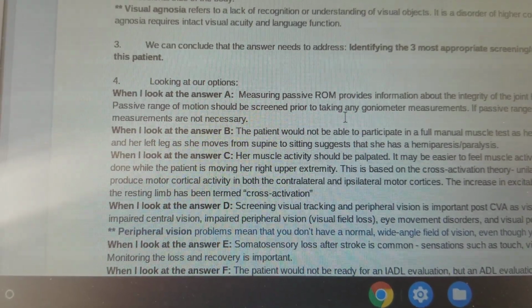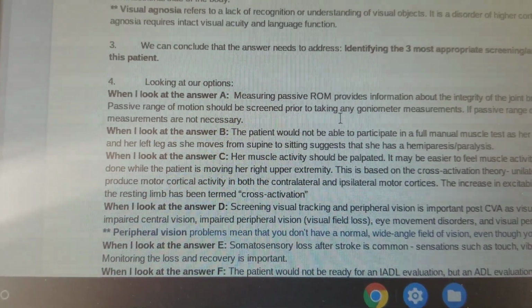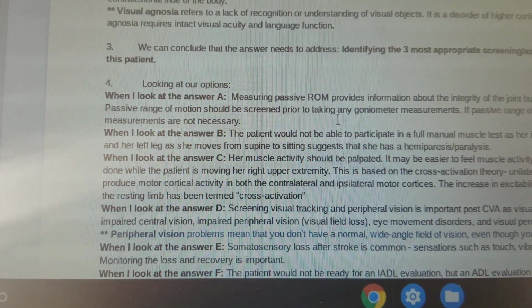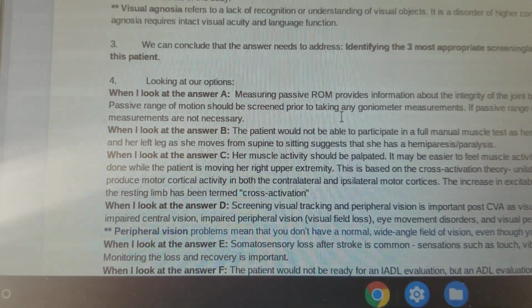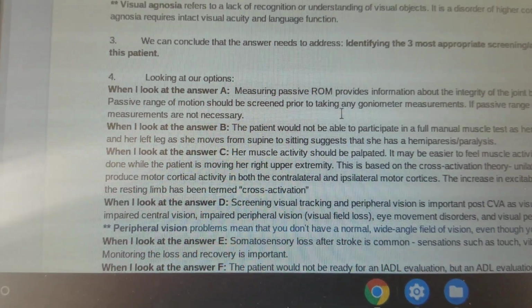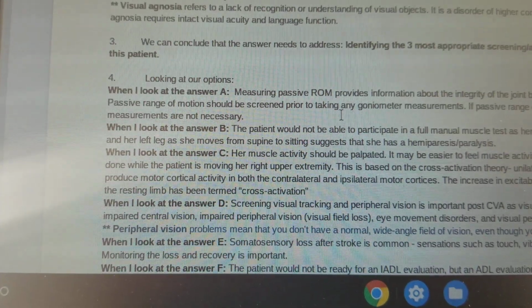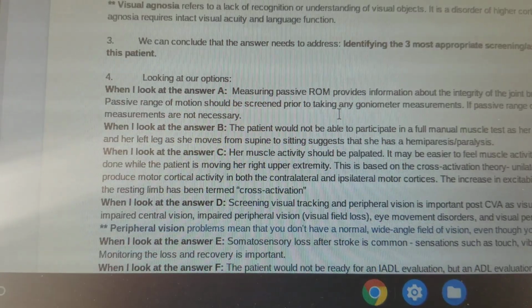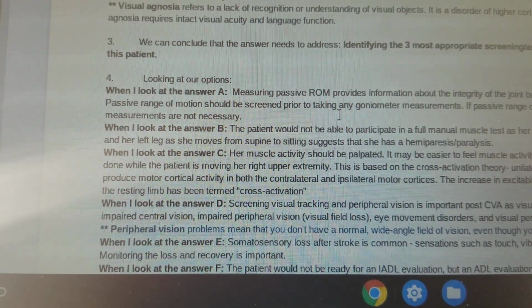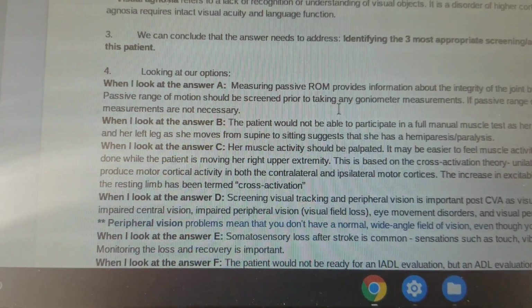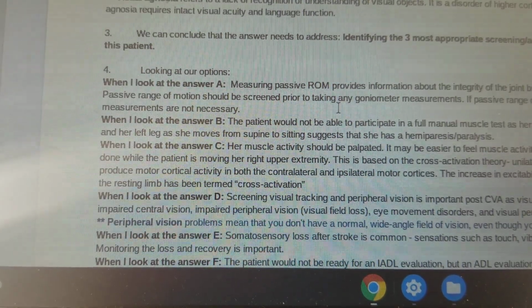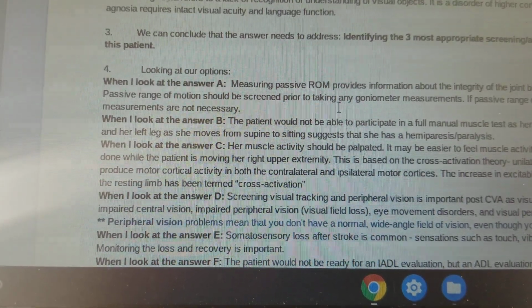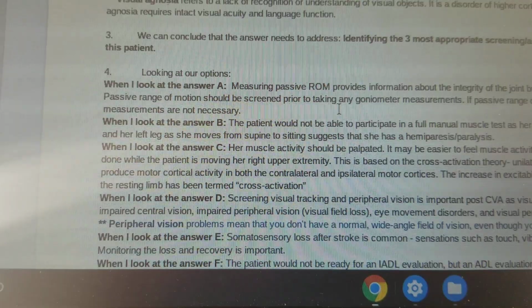When I look at the answer D, screening visual tracking and peripheral vision is important post-CVA, as visual impairment is common and may include impaired central vision, impaired peripheral vision, visual field loss, eye movement disorders, and visual perception disorders, including visual inattention. So peripheral vision problems mean that you don't have a normal, wide-angle field of vision, even though your central vision may be fine.